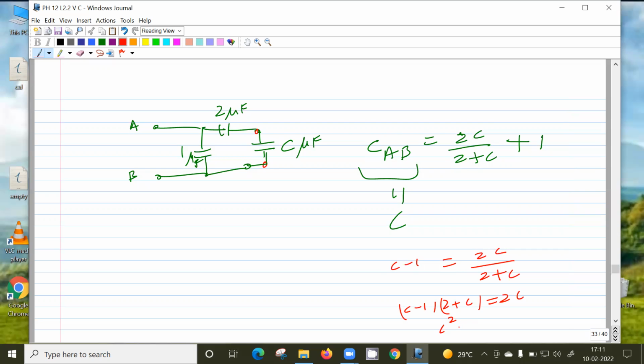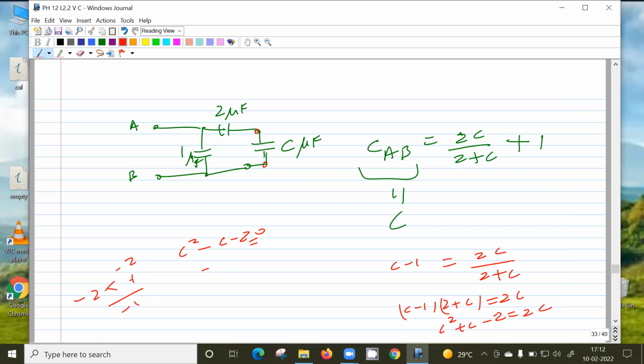So this is C squared minus 2 and split into factors should give me minus 1.